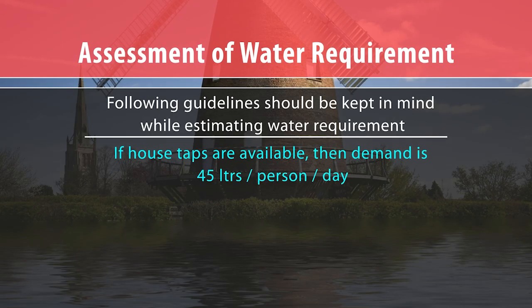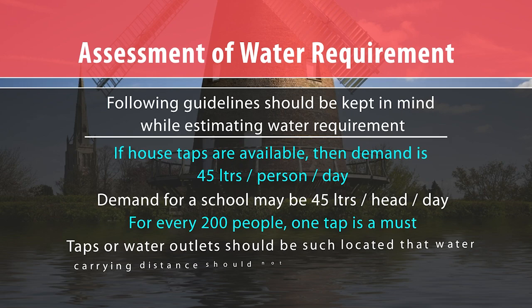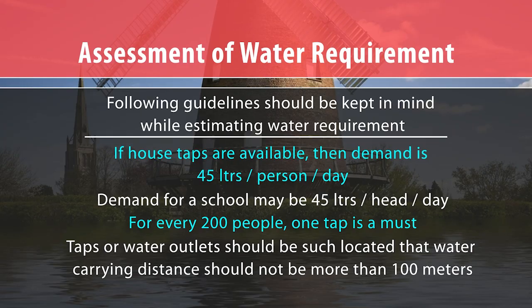If house taps are available, then demand is 45 liters per person per day. Demand for a school may be 45 liters per head per day. For every 200 people, one tap is a must. Taps or water outlets should be located such that the water carrying distance is not more than 100 meters.